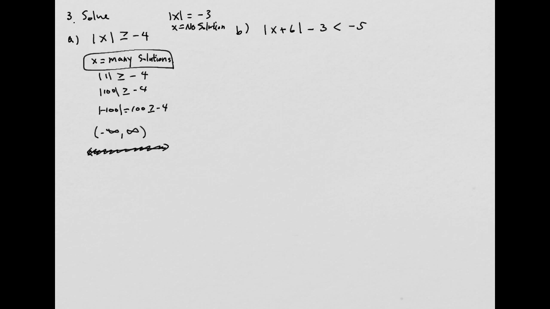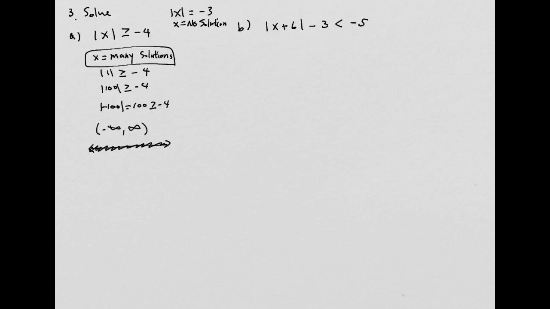What about B? If we have absolute value of x plus 6, minus 3, is less than negative 5. Even though I have a negative right here, I want to do one more step before I decide. If I still have a negative after I move the negative 3, then I don't really need to work on it. I will see if it's many solutions or no solutions.